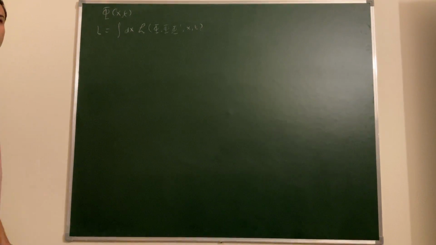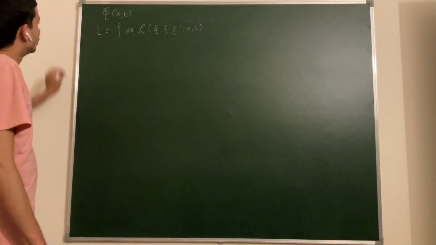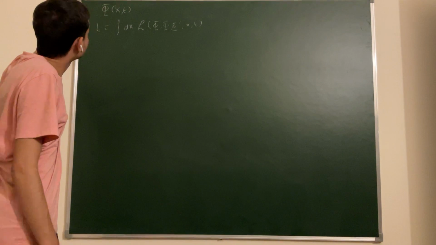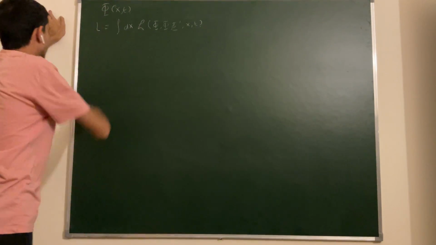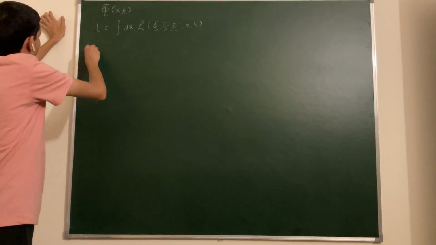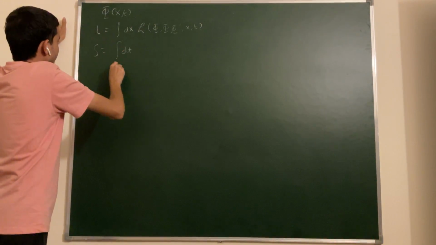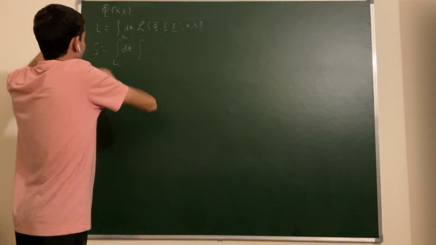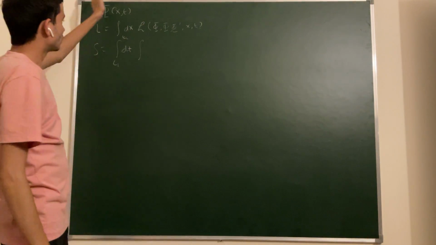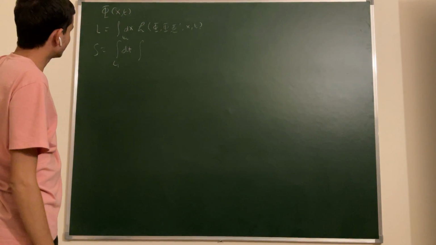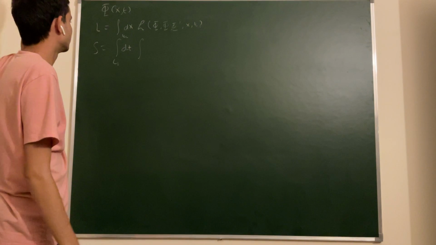Now, this gives you the Lagrangian, right? So your action should be the integral dt from t1 to t2 of the integral over x. What we normally do in field theories is that you integrate over all x.